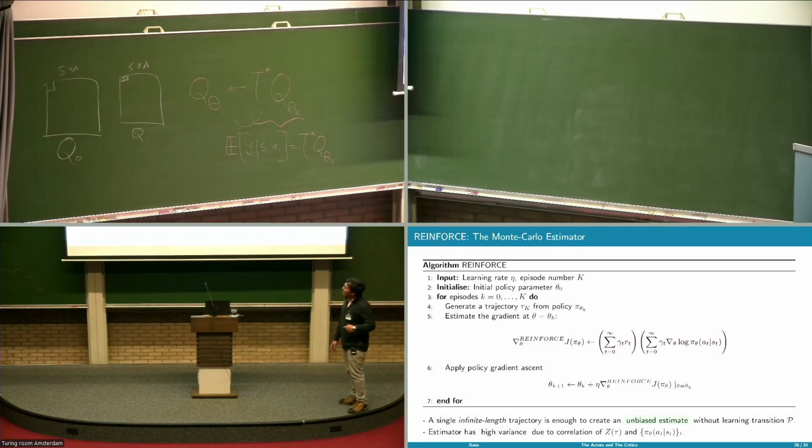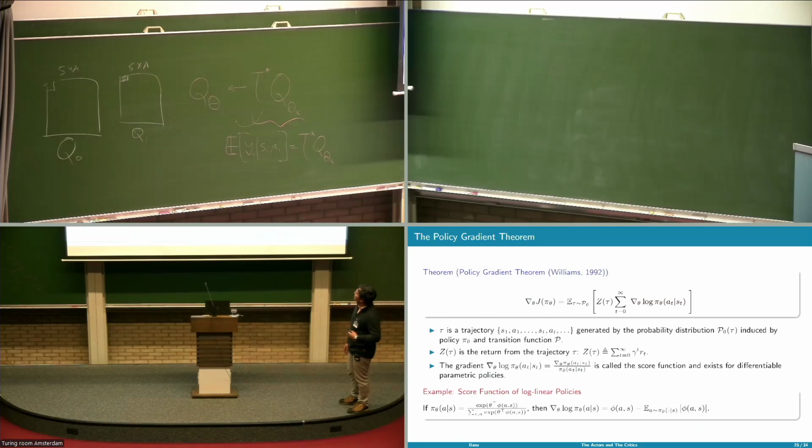But the bad part, and that actually still troubles most of the policy gradient methods, is the high variance. And why? Because this Z tau, which can be evaluated independently, and this gradient, which can be evaluated independently, very cool, very nice, but they have correlation. When you evaluate them like this and try to calculate one single expectation out of that, often, that was the same idea as we have seen for Q S_{t+1} and Q S_t being correlated, right?